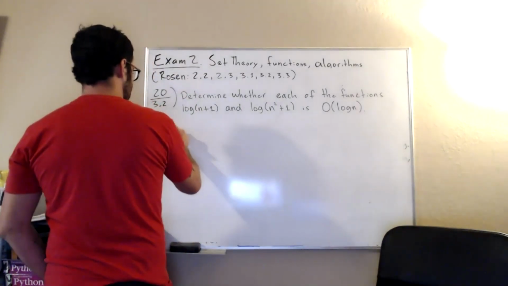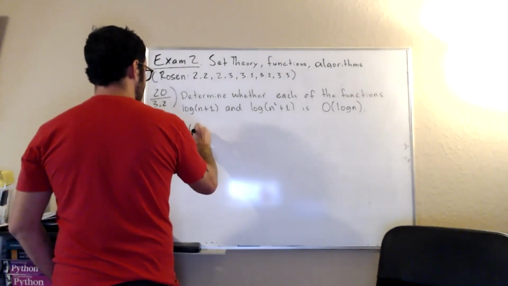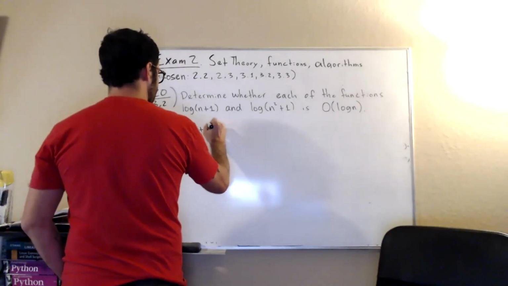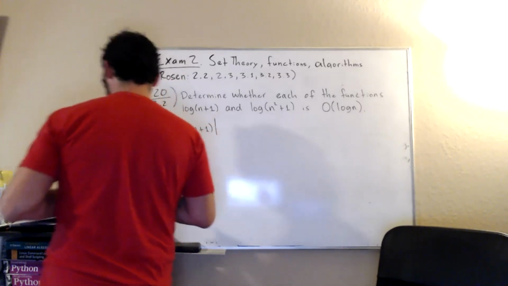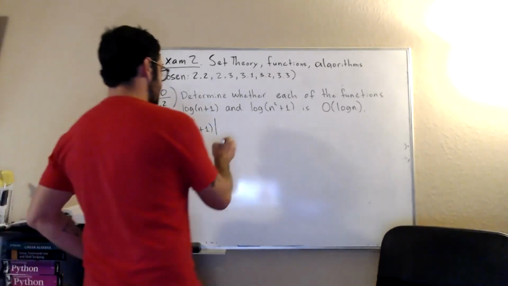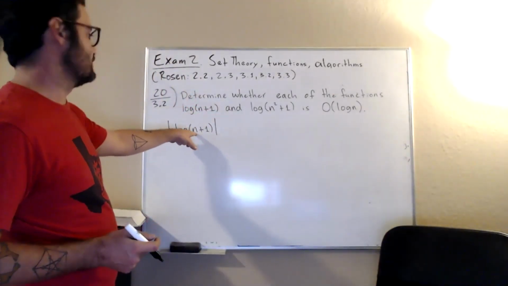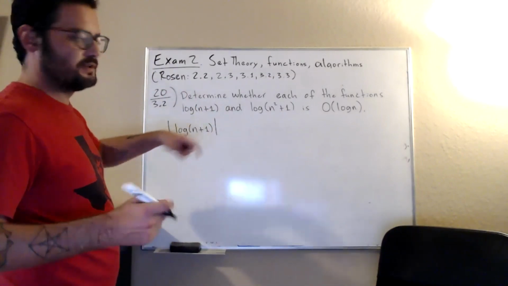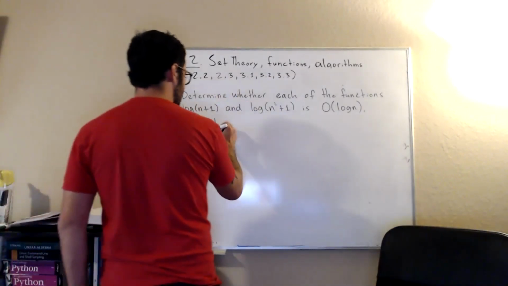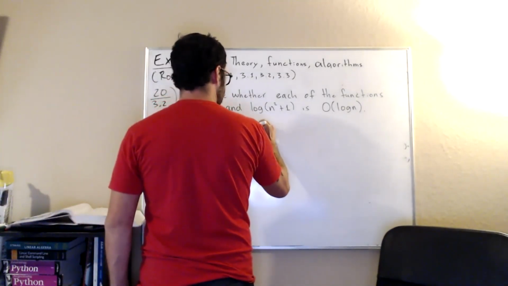So absolute value of log of n plus 1. And so this is going to be positive whenever n is greater than or equal to 0, because log of 1 is 0, and then anything that's increasing. So I can drop the absolute values when n is greater than 0.